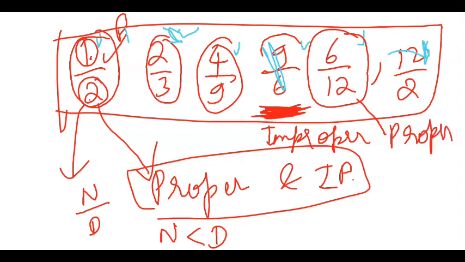Is it proper? Yes, because 6 is less than 12, correct? It is proper. What about 12 over 2? It is improper. Why is it improper, Aisha? Because the first one is the biggest, the other one is the smallest. Yes, numerator is greater, denominator is the smallest. Understood? Now you have understood how to differentiate improper and proper fractions.